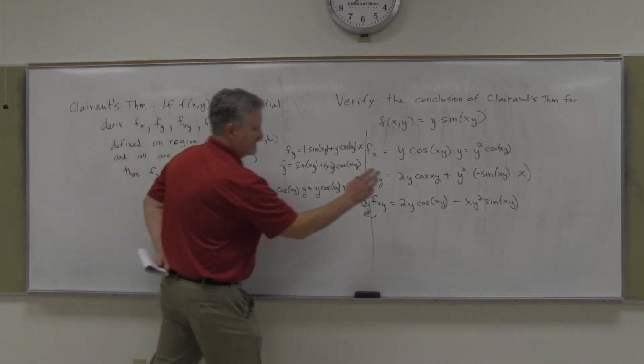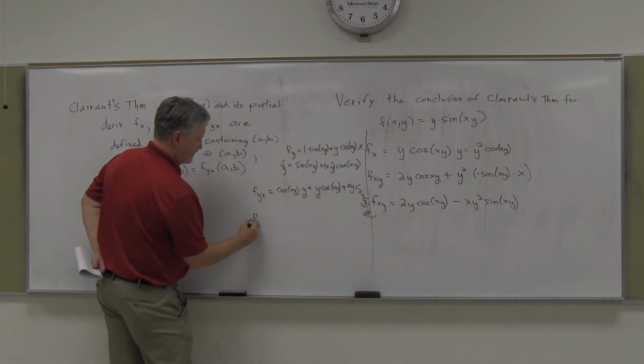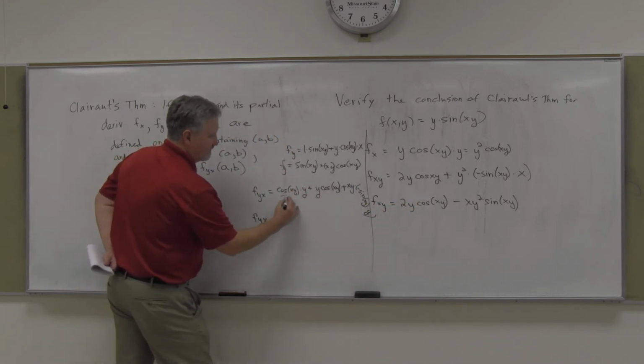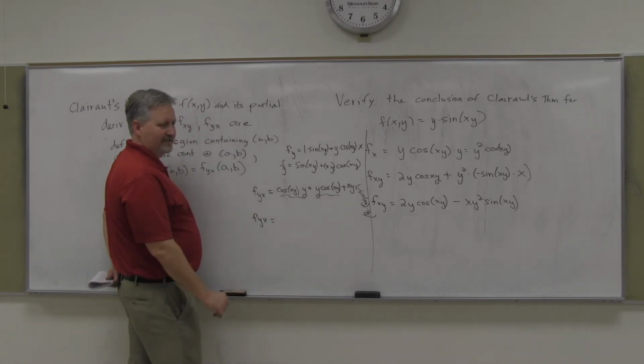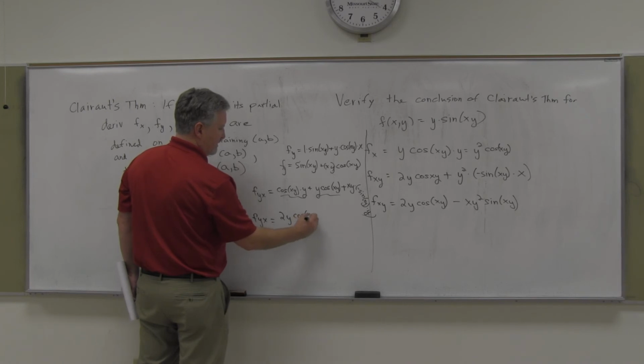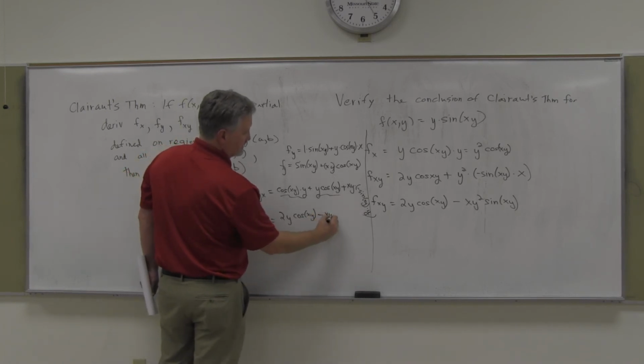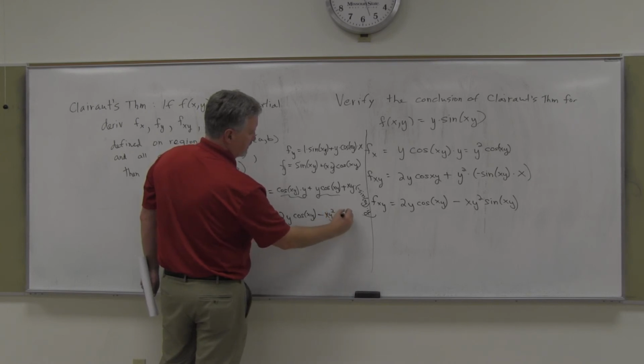So it doesn't quite match yet, but notice what we can do. You got 2y cosine of xy, and then this, we clean that up a little bit, that would be minus xy squared sine of xy.